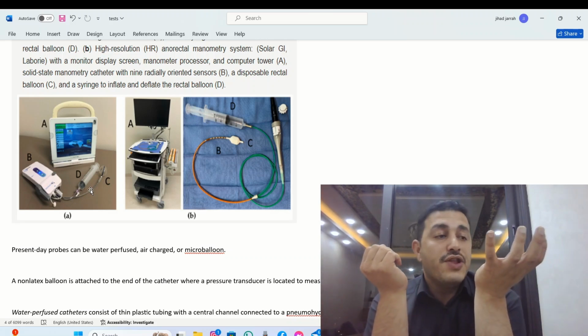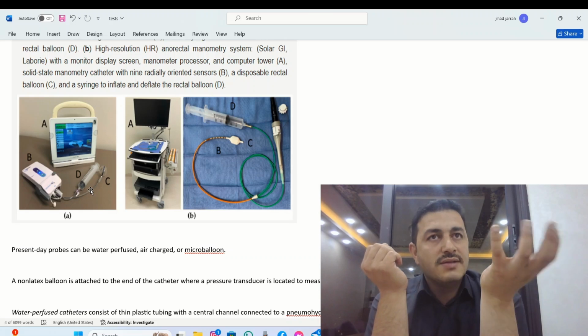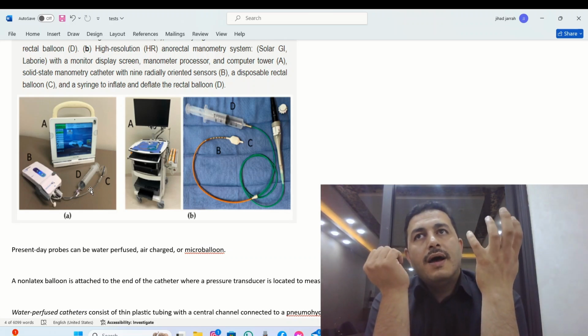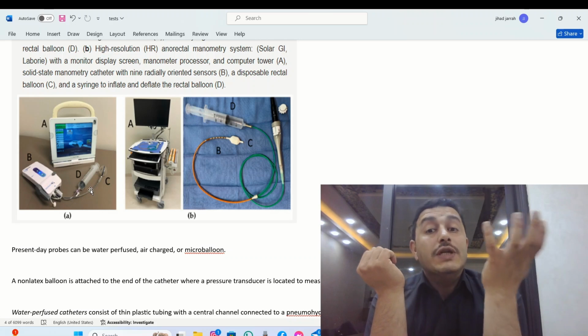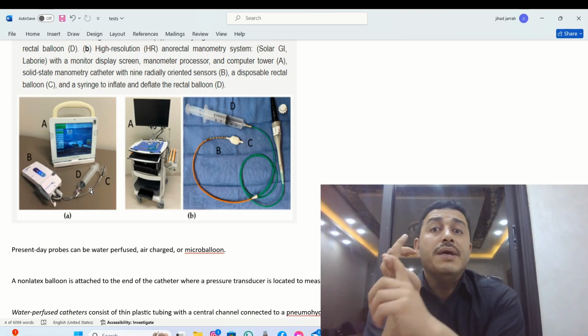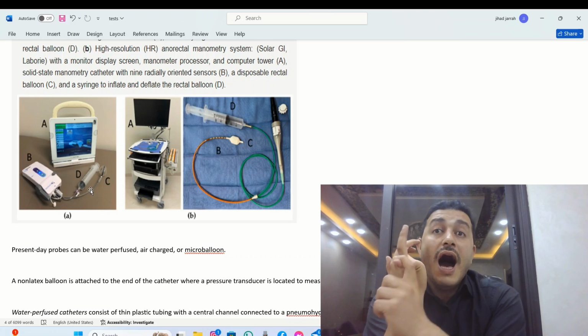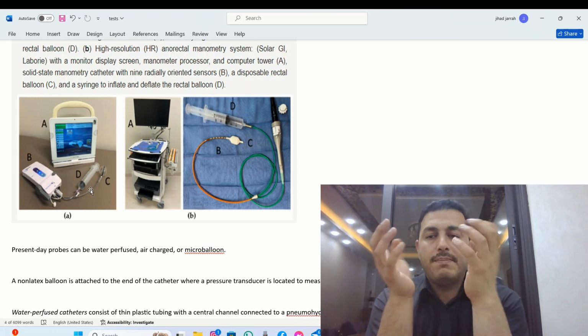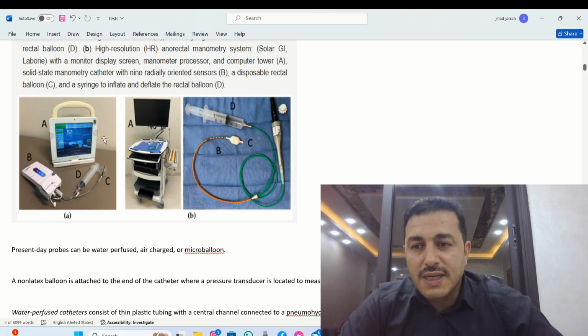And we have the more advanced, the solid state catheter. The solid state catheter can be either a high resolution or high definition catheter. What do we mean by that?